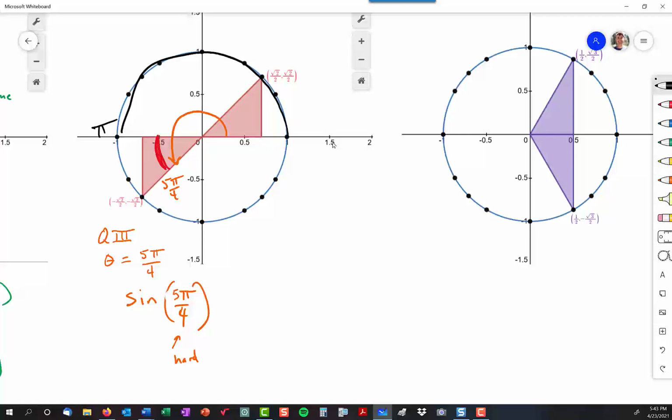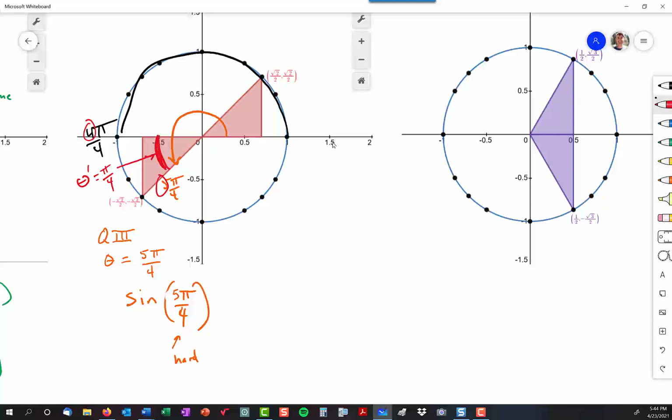Now pi is a whole pi. Let's make pi a whole pi into a fraction of fourths, which is 4 over 4. 4 divided by 4 is 1 whole pi. And now if I want to find the red angle for the reference angle, I just noticed that the red angle is between 4 pi fourths and 5 pi fourths. I just have to subtract those. And I find out here that the reference angle is 1 pi fourths.